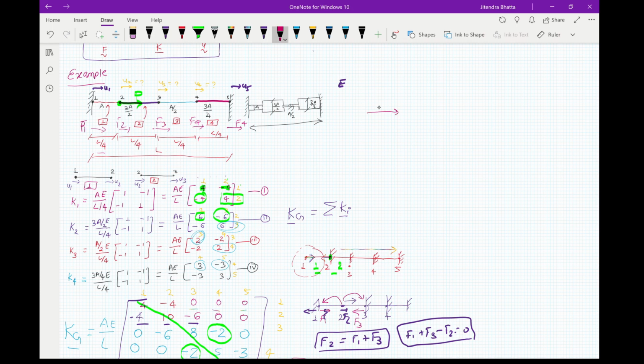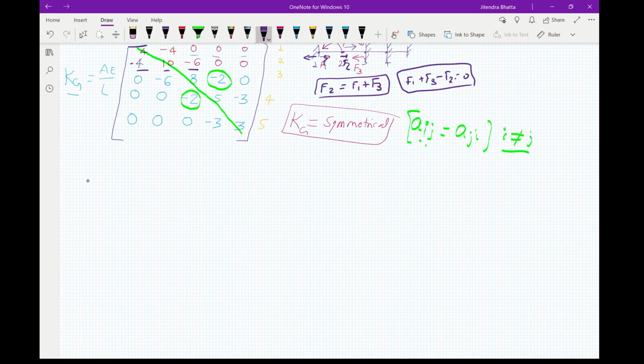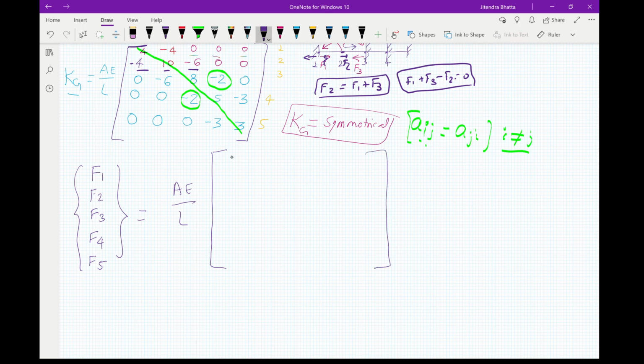We are taking this direction as positive, which is the direction of the displacement taken as positive. Now your equilibrium equation will be F1, F2, F3, F4, and F5 equal to AE by L, then you'll have your global matrix and your displacements.